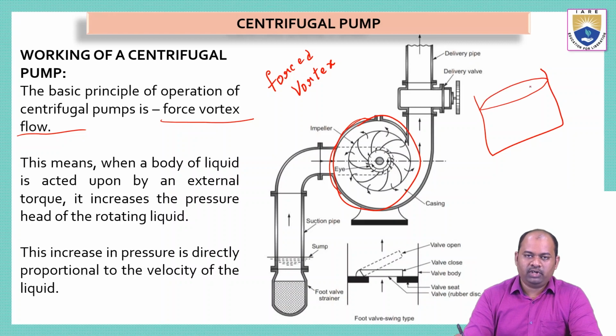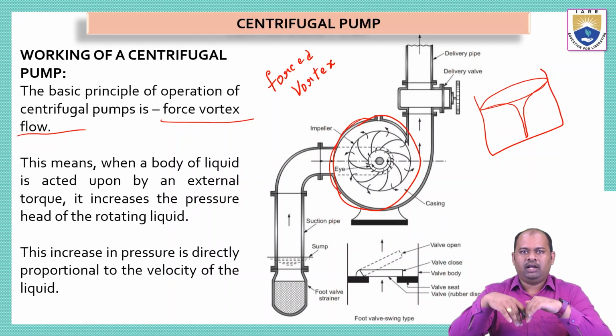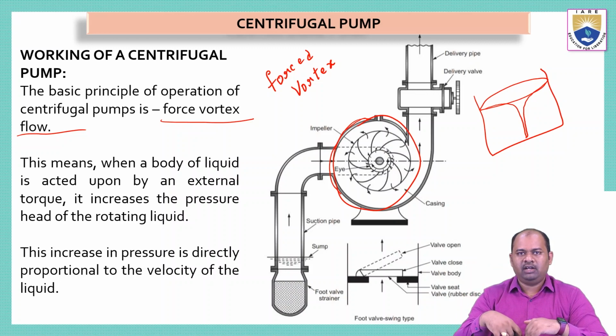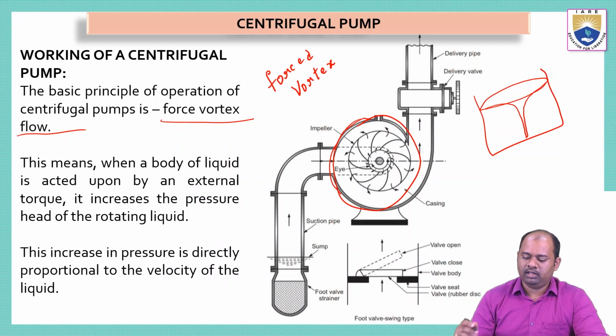If I try to rotate this water, we can see the formation of a vortex here. When the water is rotating at a very high speed, we can see the formation of a vortex. That means an area is created at the center of the rotation where the pressure is less than the atmospheric pressure.